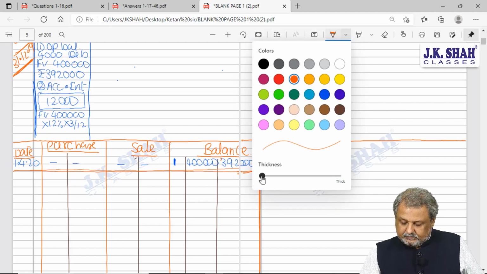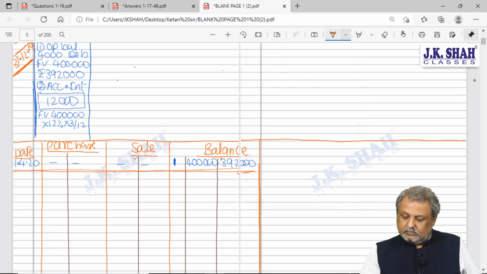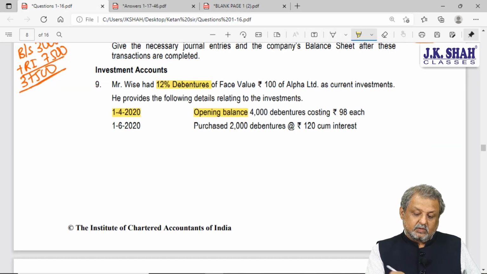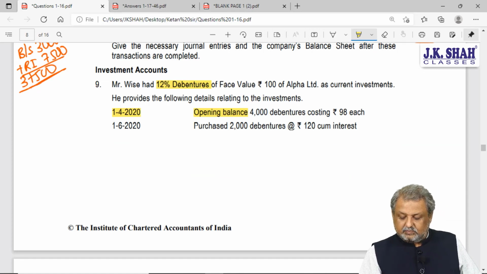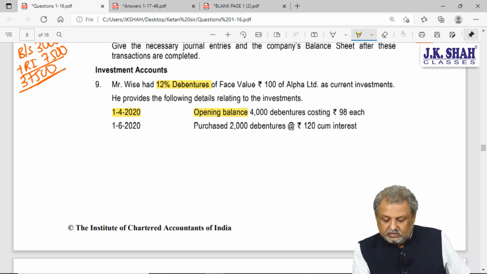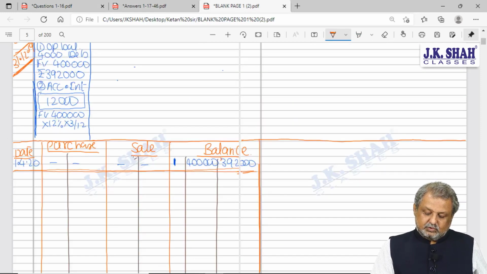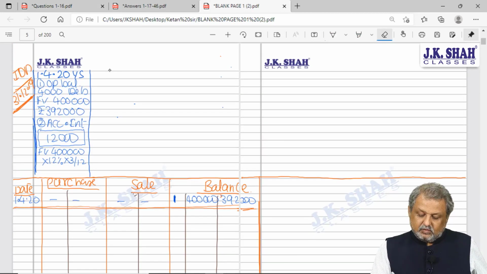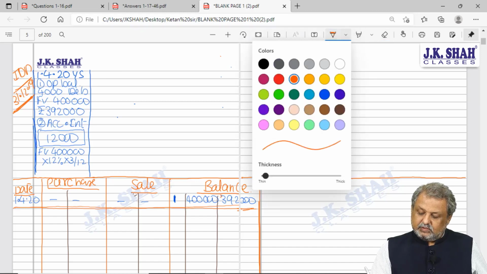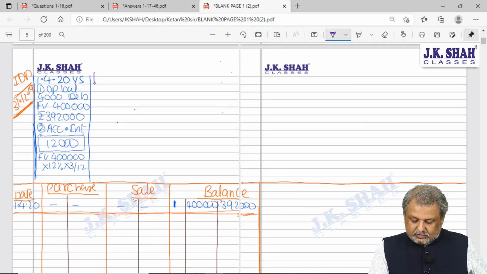Then, next, look at the question. On 1/6, purchase 2000 debentures, 120 cum interest. So 1st June there is a purchase.